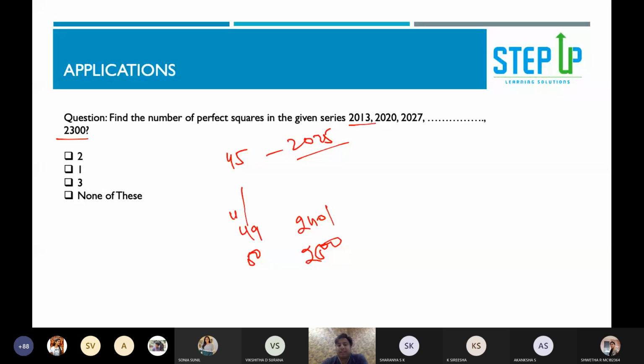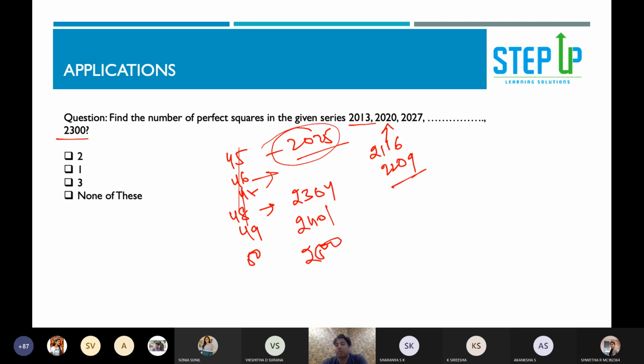If you talk about 48, it's 2304, again greater. That means we are talking about 46 and 47. These three values only. Definitely 2025 is not there. 46 squared is 2116. 47 squared is 2209.